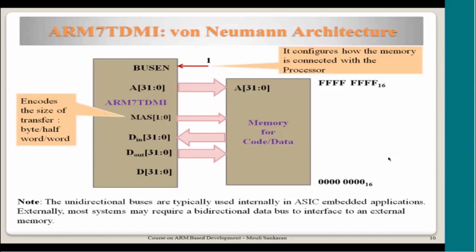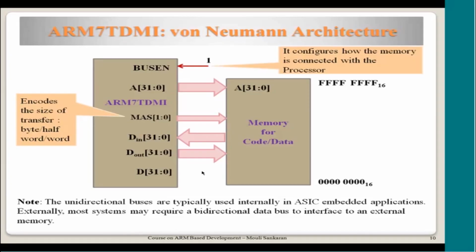Now why do we need this? In a typical environment where we want the ARM core to be connected to an external memory, a bidirectional bus is used normally. But if it has to be connected within some internal circuitry, in some SoCs, people can make use of these two buses for accessing the memory.